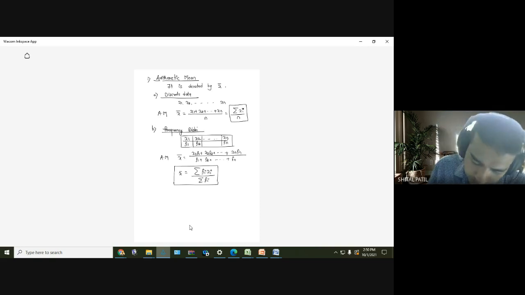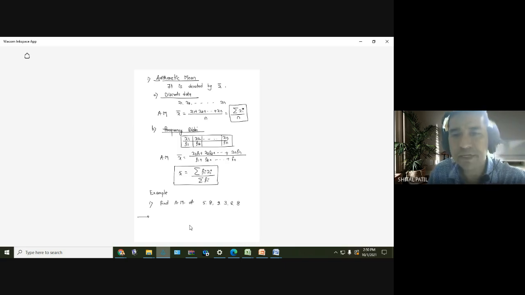Right, for example, find arithmetic mean of these.